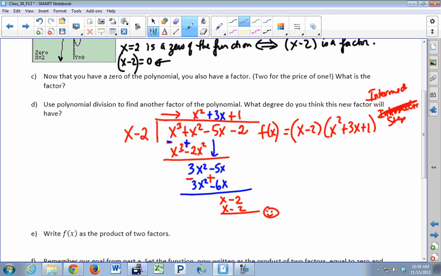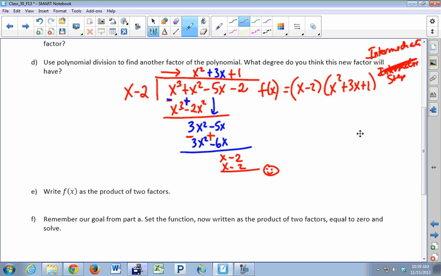Intermediate, your in-between step, our middle step, because our goal is to have all linear factors. And right now, our first factor is linear and our second factor is quadratic. So we go down here and we're going to write that right here. F of x is x minus 2 times x squared plus 3x plus 1.